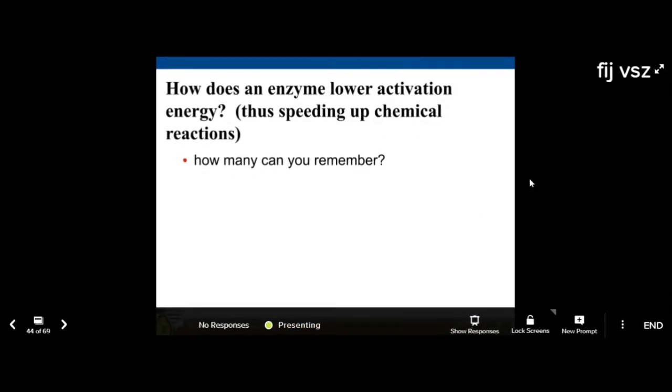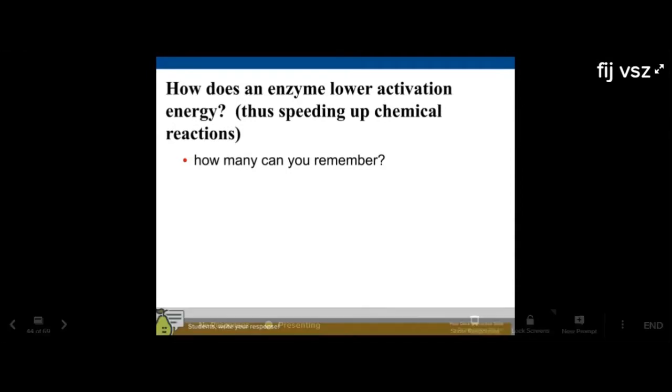Okay, now you. Write down what you remember, guys, from that screen I just did. What kinds of things are happening in that active site that can help tug a molecule apart or put it together?